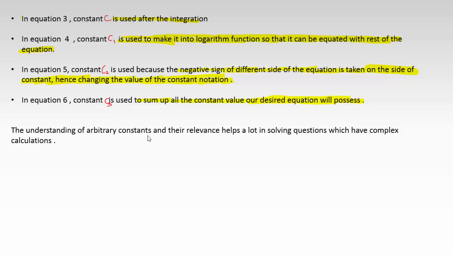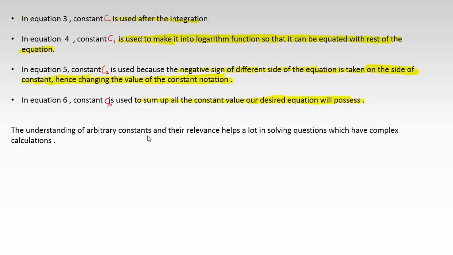In equation 4, constant c1 is used to make it into a logarithm function so that it can be equated with the rest of the equation, as all the terms are logs. The number inside the log is called the argument. In equation 5, constant c2 is used because the negative sign on one side of the equation is taken to the side of the constant, thus changing the constant's notation. In equation 6, constant c3 is used to sum up all the constant values our desired equation will possess.